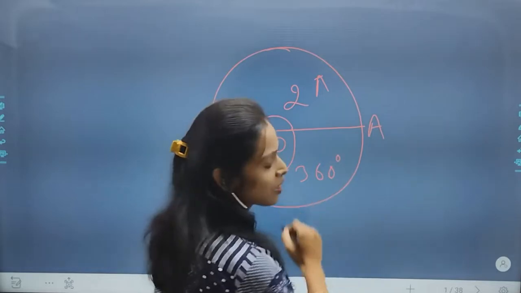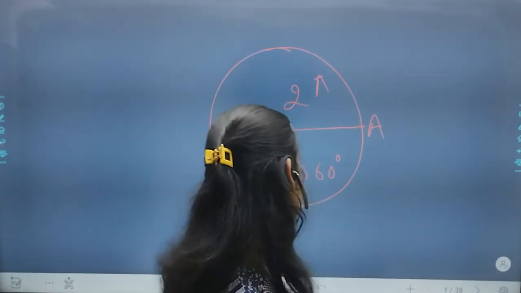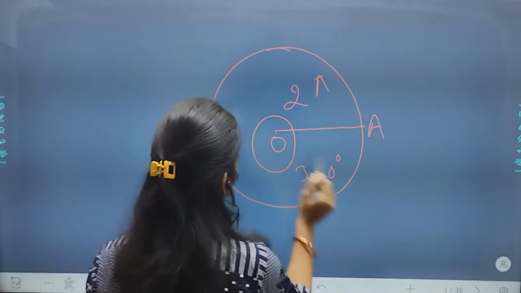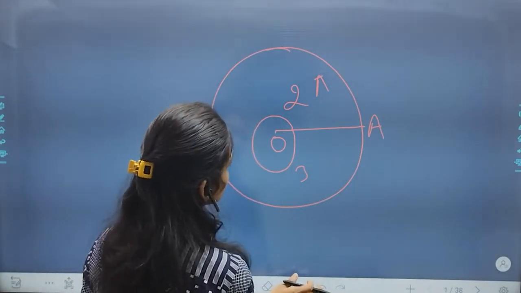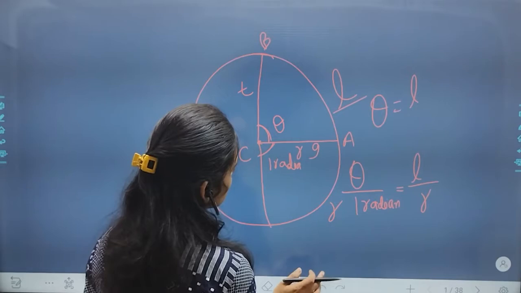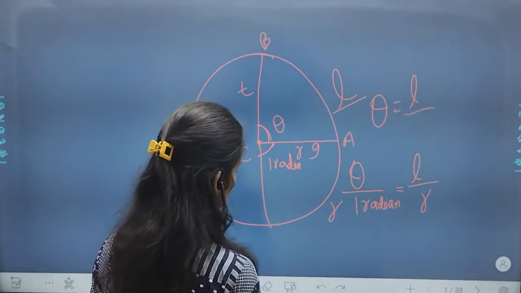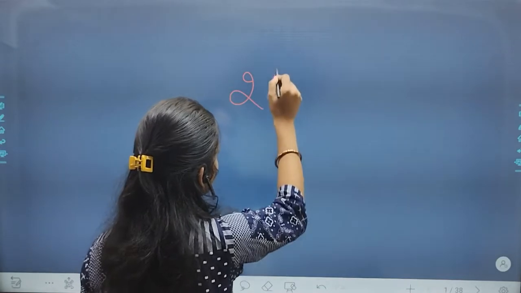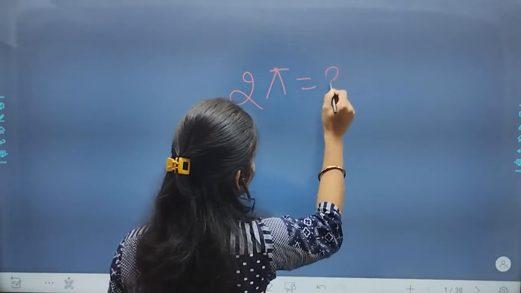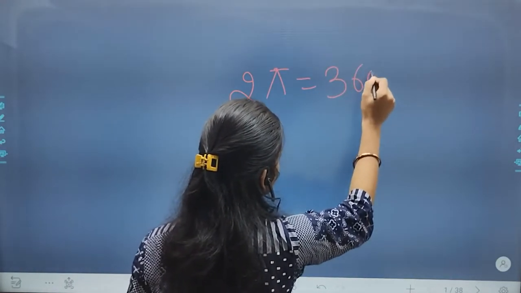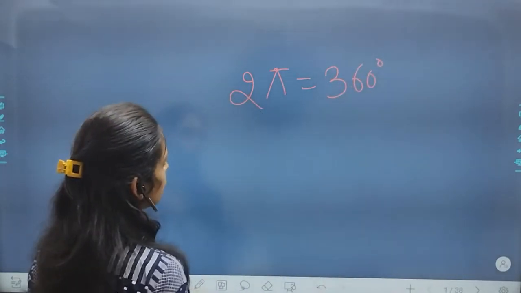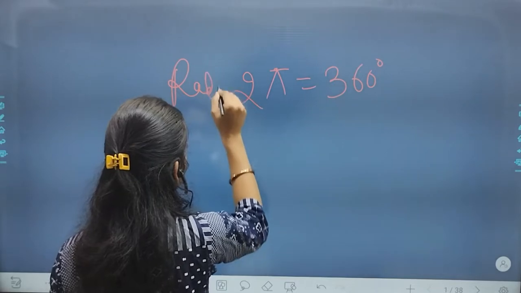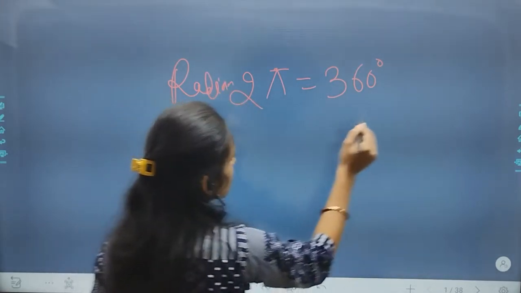You know this very well also. Means 2 pi radian is equal to 360 degree. This is radian and this is degree.